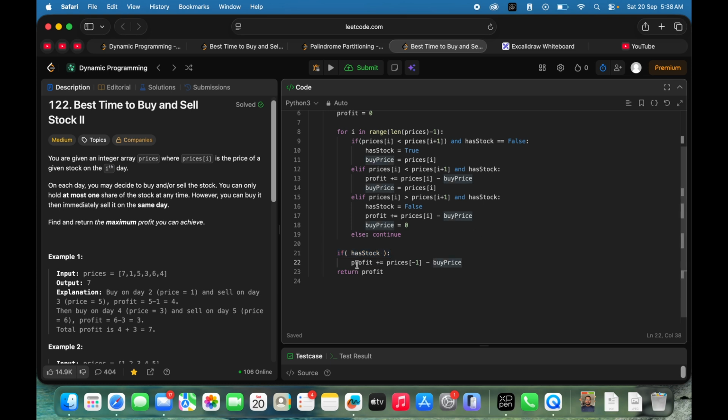So we just take the last element, prices length minus 1, and subtract the price at which we bought it. We add that to the profit, and then eventually we return the profit. So this is the complete profit.